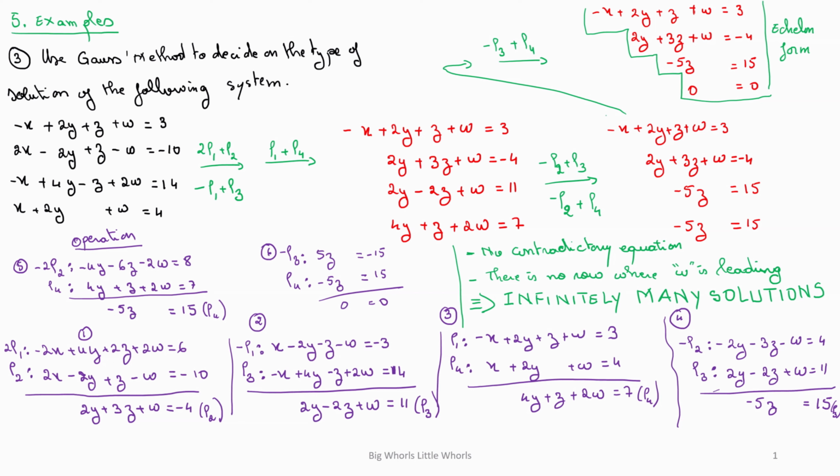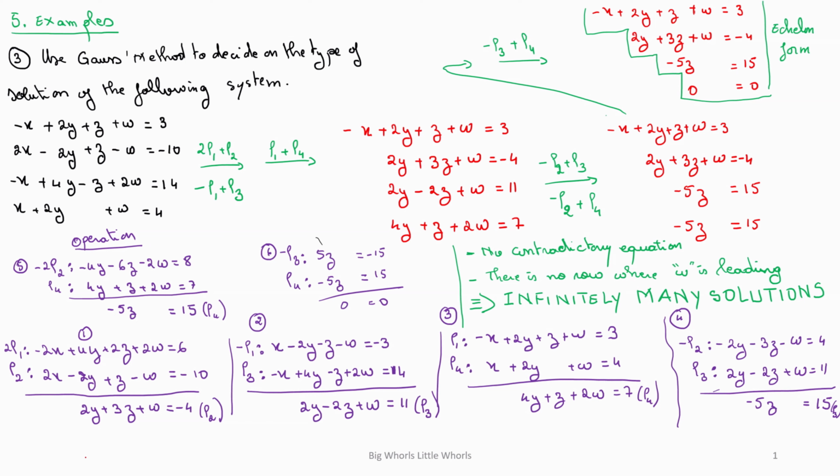We have seen how to perform Gauss's method, how to put the system in echelon form, and how to decide on the type of the solutions, mainly the 3 types: no solutions in the first question of the tutorial, a unique solution in the second question, and in this question, we have seen how, thanks to the echelon form, we can see that the system has infinitely many solutions. We will stop the tutorial here, and in the next video we will continue with the lecture. Is that okay? Thank you.